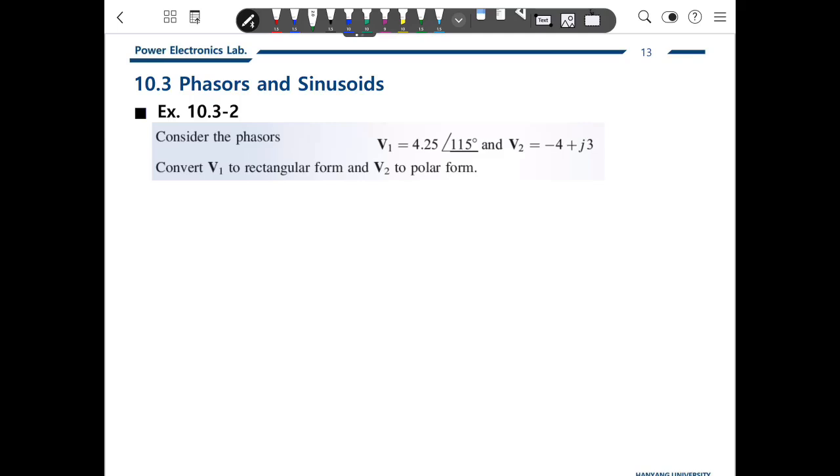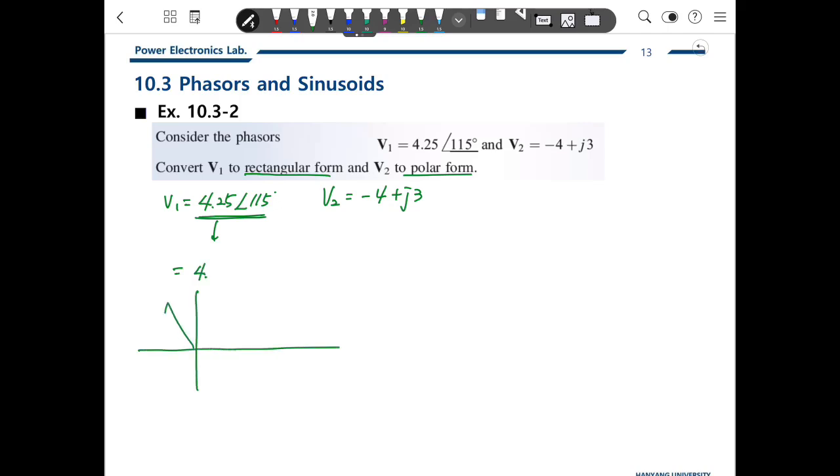So for example, suppose there is one phasor, V1, which is 4.25 at 105 degrees, and V2 is minus 4 plus j3. Convert V1 to rectangular form and V2 to polar form. This is the polar form: the magnitude is 4.25 and the angle is 105 degrees.